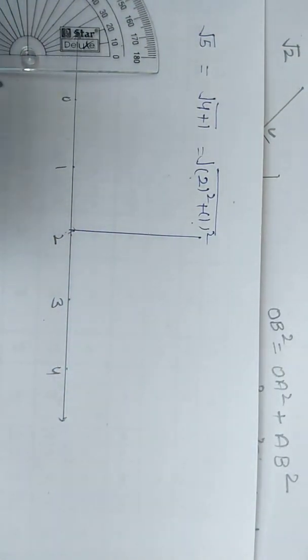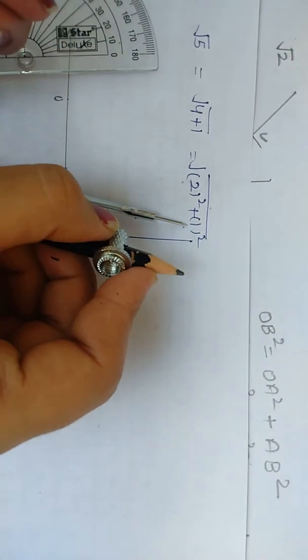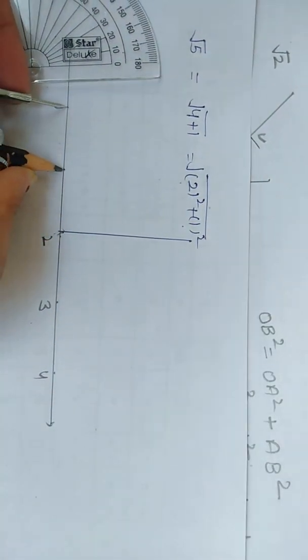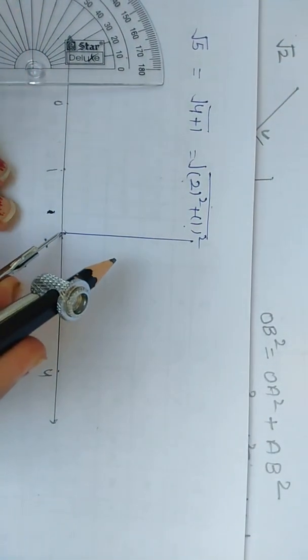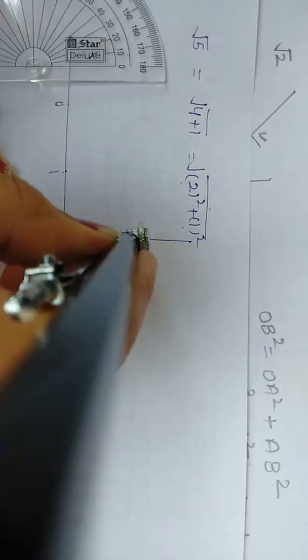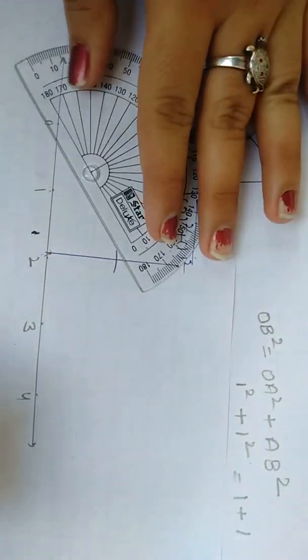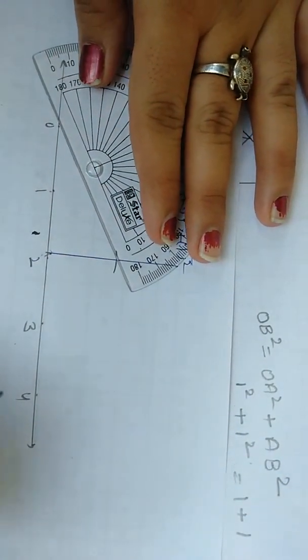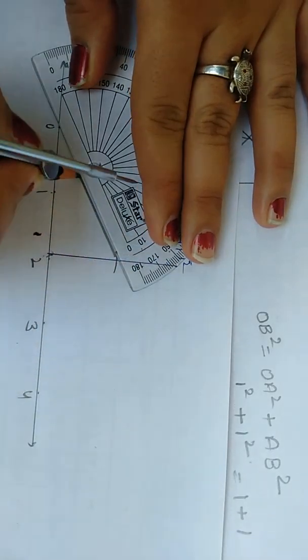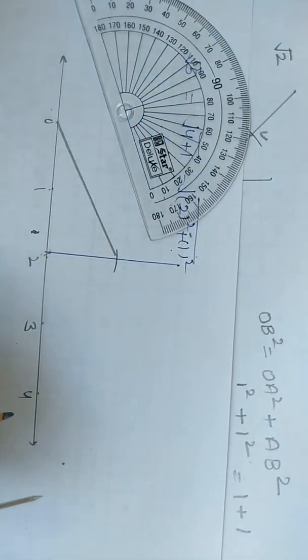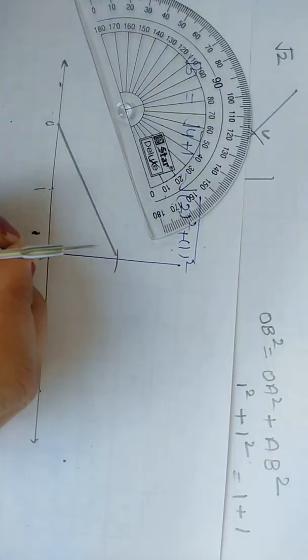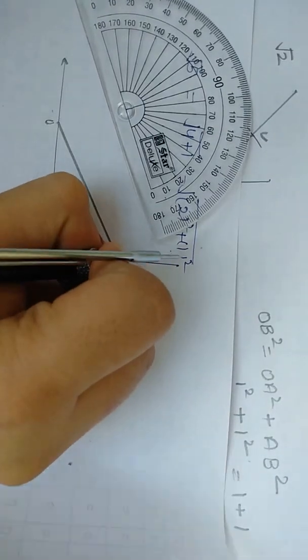Now we take an arc of 1 centimeter because here it is 1. Now we have to match this arc with 0. Now we label it. This is O, this is A, this is B.